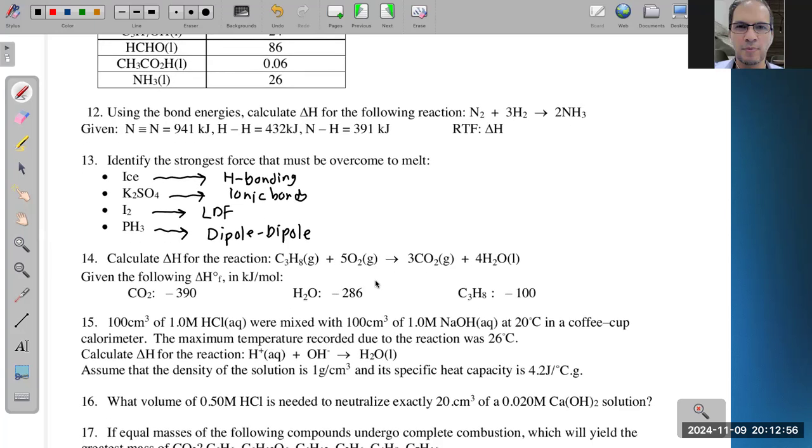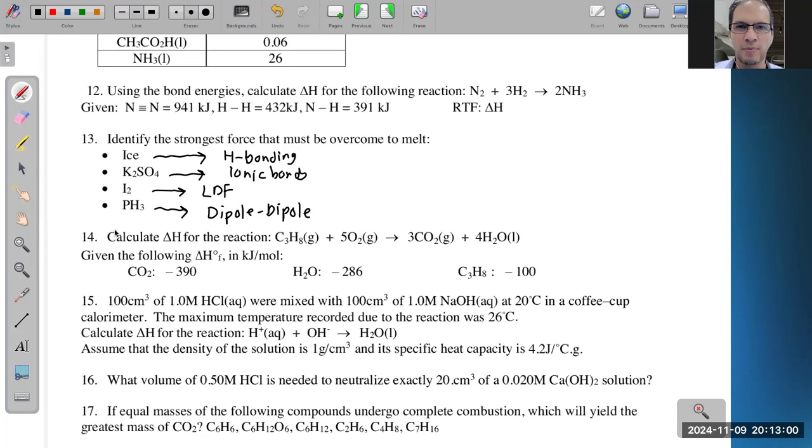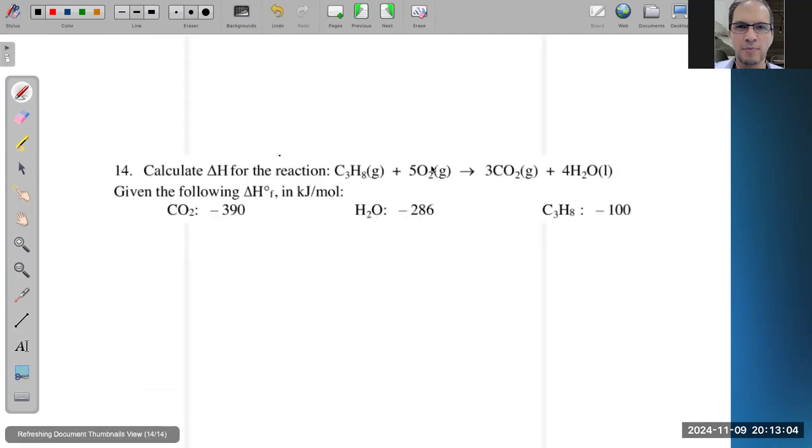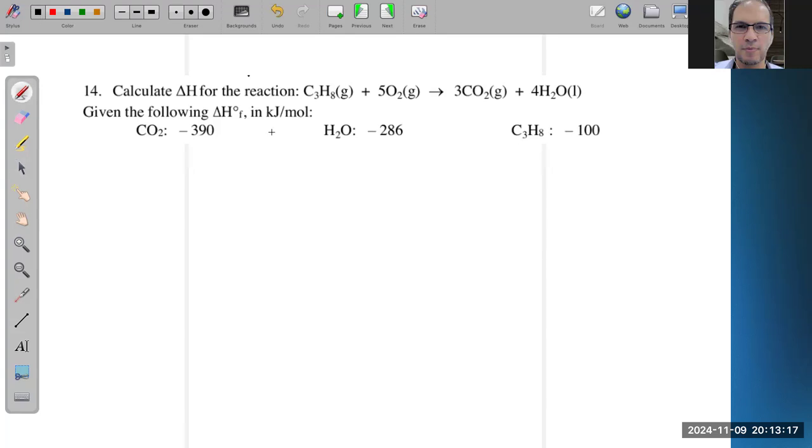So calculate delta H for the reaction C3H8 plus 5O2 gives 3CO2 plus 4H2O, given the following delta H of formation in kilojoules per mole. So what is the equation to find the delta H of the reaction? I have the delta H of formation in kilojoules.